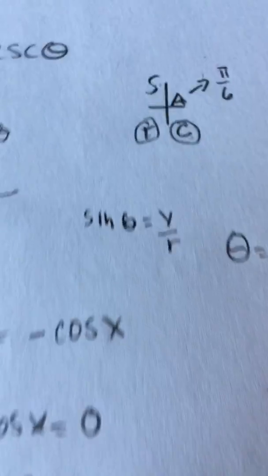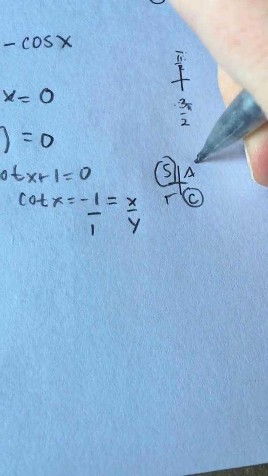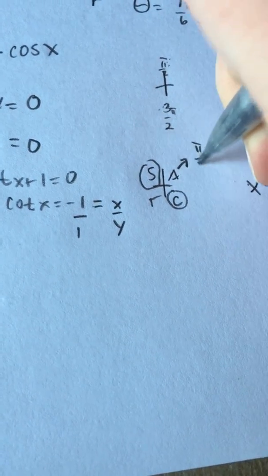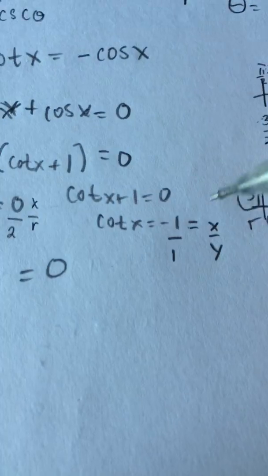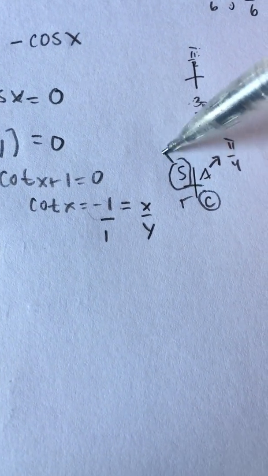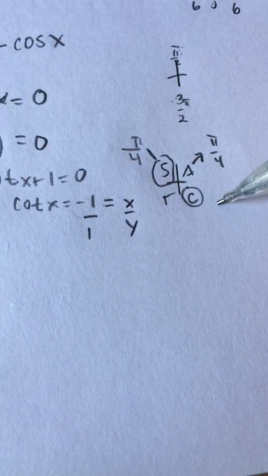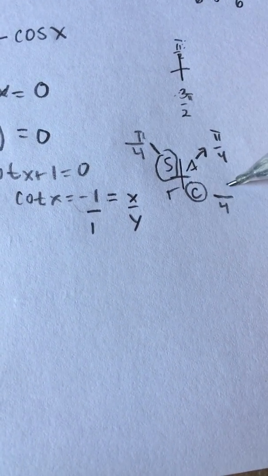Pi over 4 is what I'm using. Okay, so here we're thinking pi over 4, but we don't want to give it in quadrant 1 because we have a negative sitting here. So I want to give the denominator of 4 that's here, and I want to give the denominator of 4 over here, so I got to figure that out.